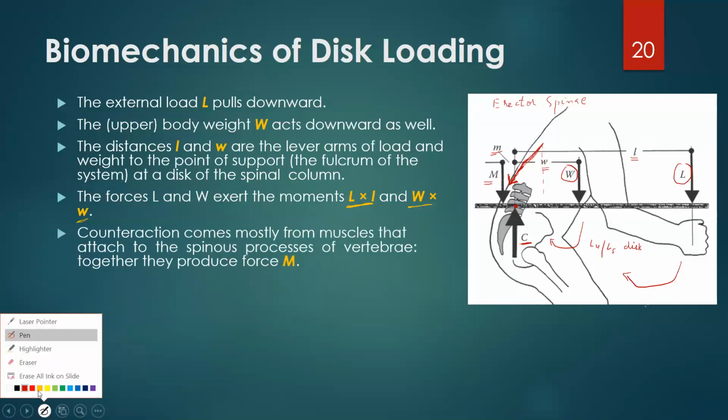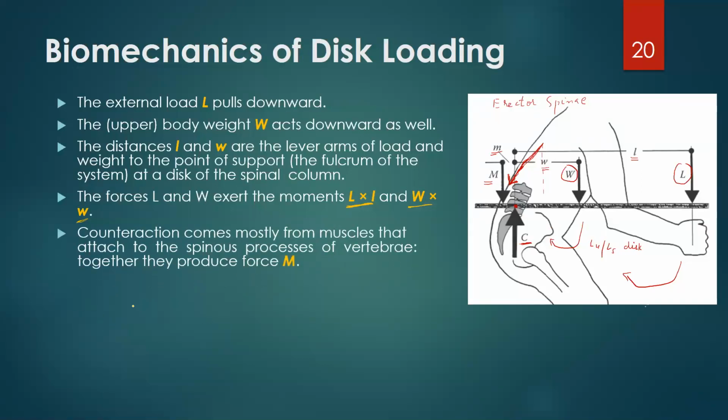Now the counteraction comes mostly from the muscles that attach to the spinous processes, that is the projections of the vertebrae that project on the posterior side as well as on the lateral sides. But specifically, we are talking about the muscles that are attaching to the posterior projections or processes.